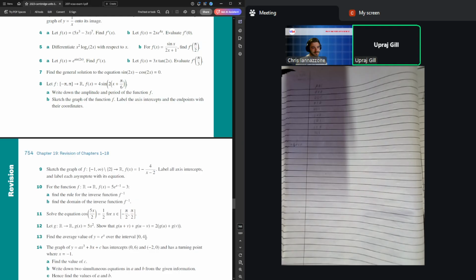So is it going to be pi on 8 plus pi n? Close. It's going to be close to that.